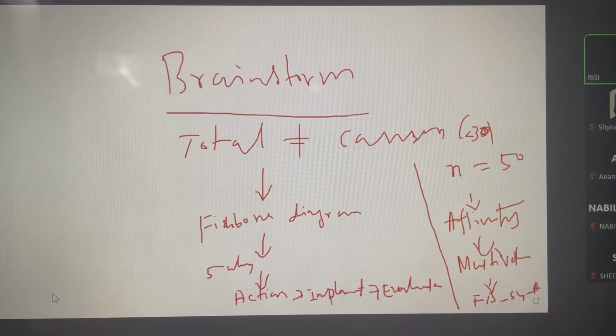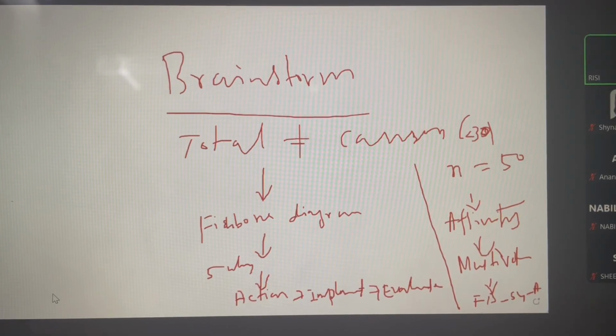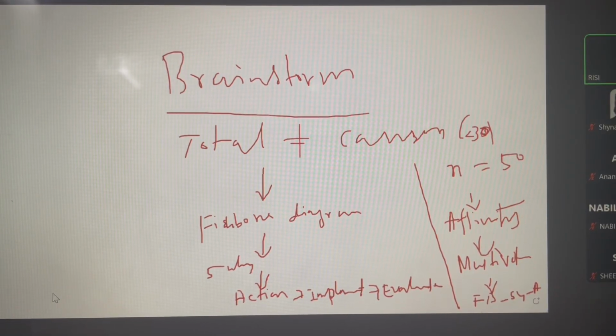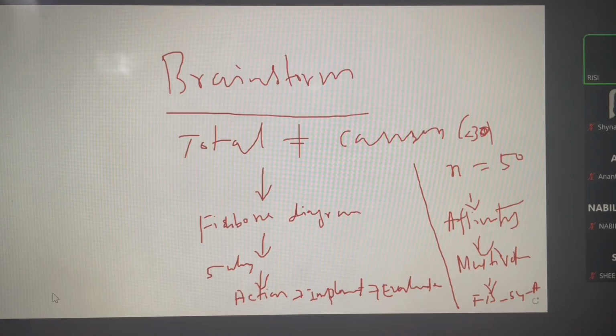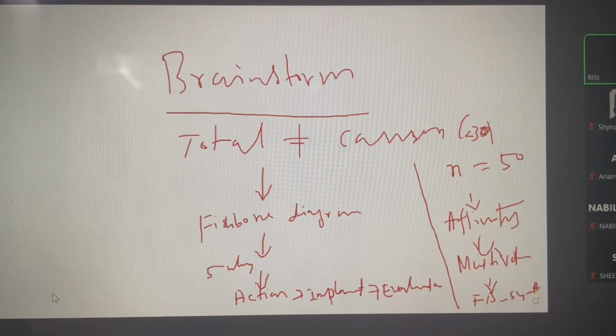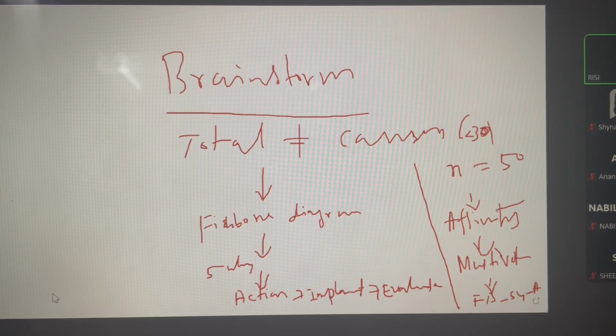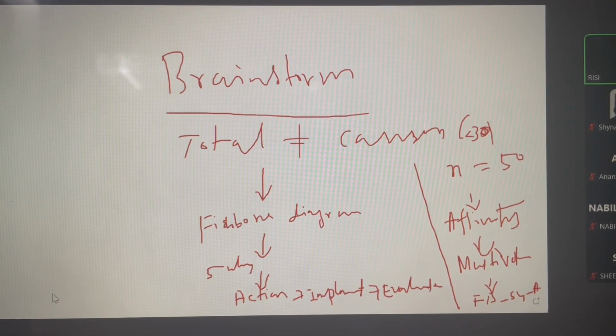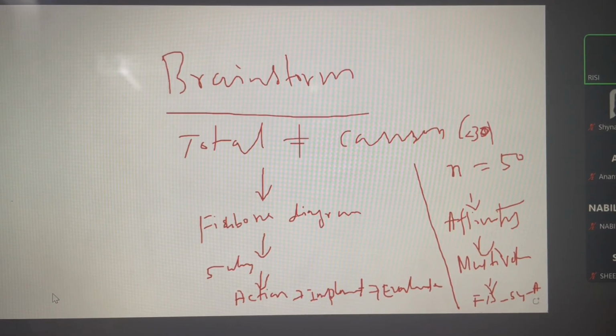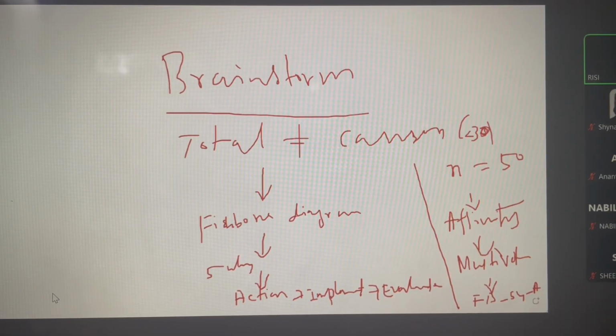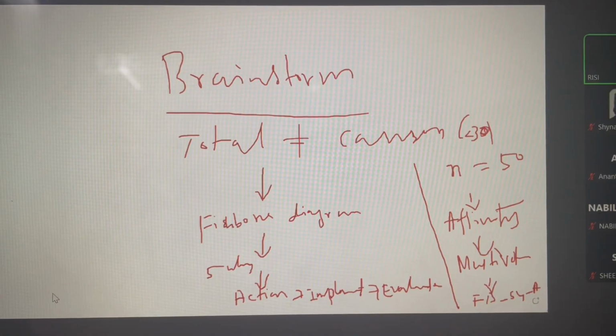If you found too many causes, before going to the fishbone diagram, to reduce into a smaller category, just use affinity and multi-voting and then use fishbone diagram, 5Y, identify the root cause, recommend action and then evaluate. Correct? So this is what we need to do to understand the root cause.